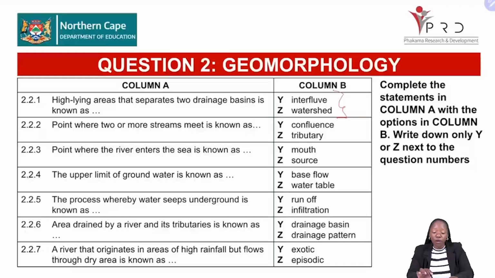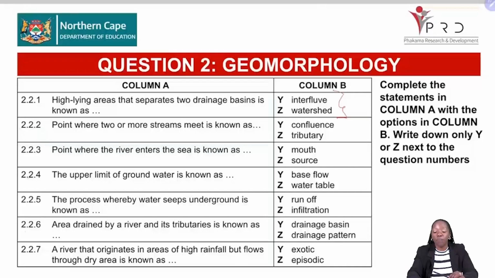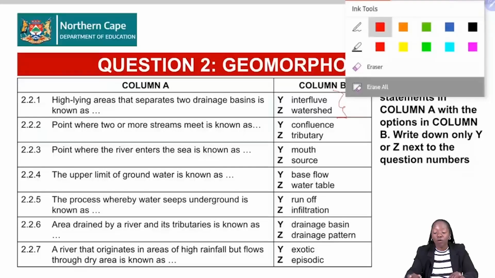Then looking at these questions, they are based on the types of rivers, they are based on your drainage basin. So I'm going to give you 7 minutes so that you have 1 minute per question. Read the statement in column A and then match it with the concept in column B. After 7 minutes, we will proceed to our solutions.